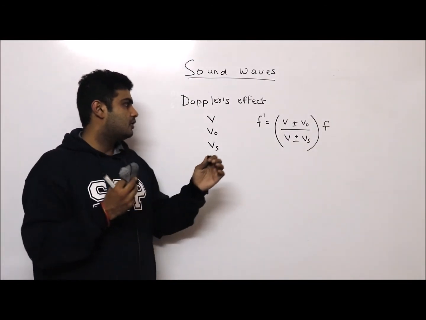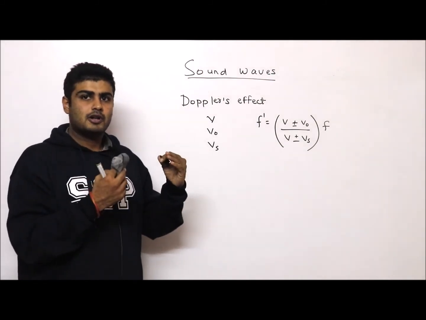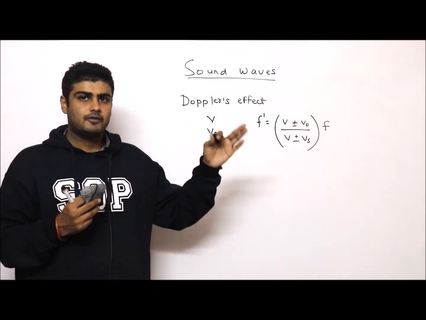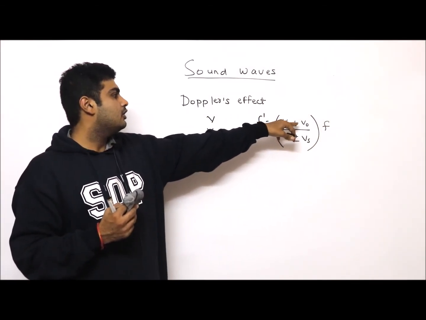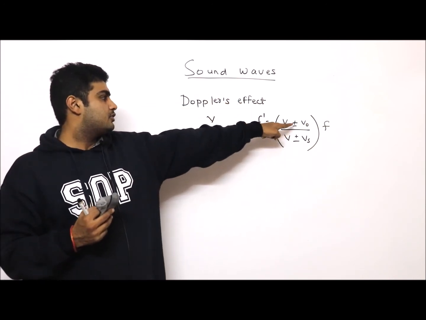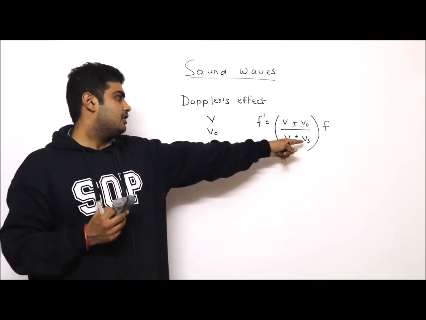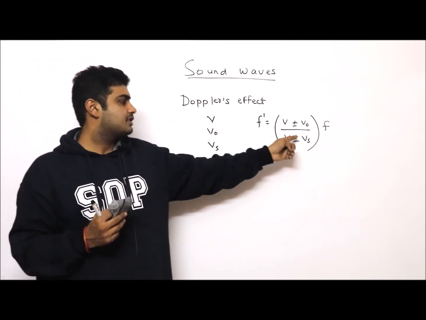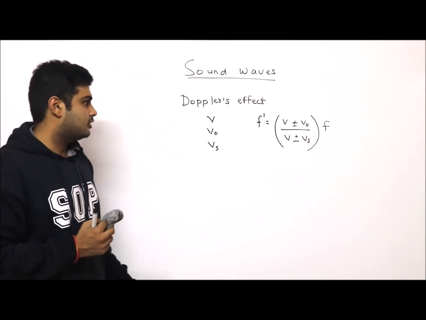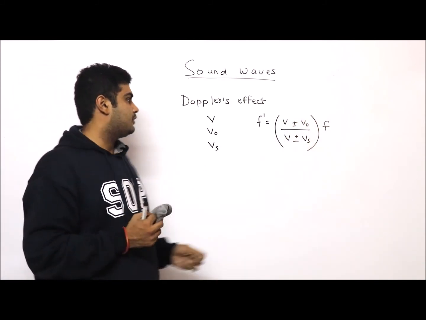Plus is when the observer is moving towards the source, and minus is when the observer is moving away. If the source is moving towards the observer, this will be a plus; if the source is moving away from the observer, this will be a minus. So this is the new frequency, this is the old frequency.